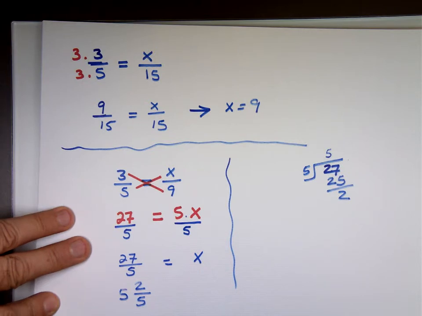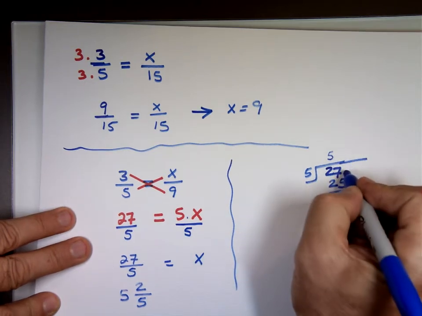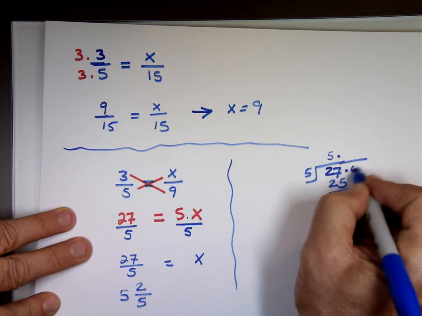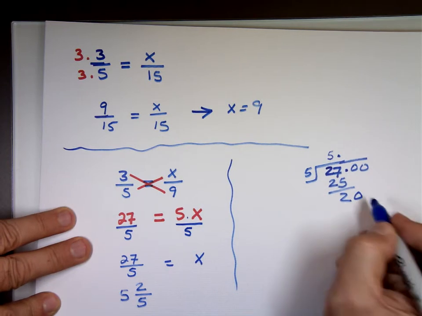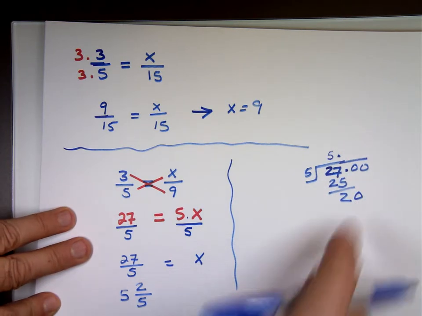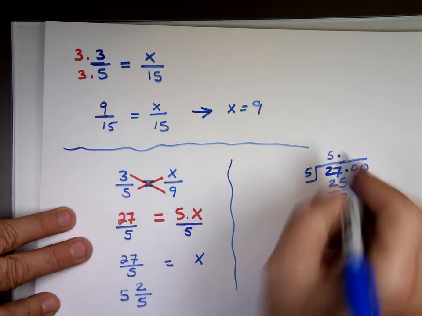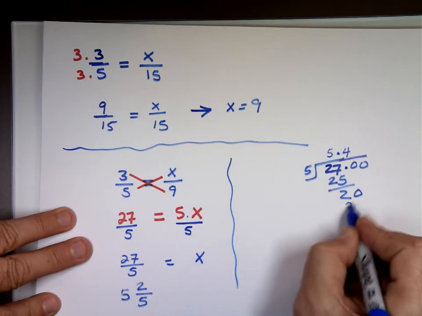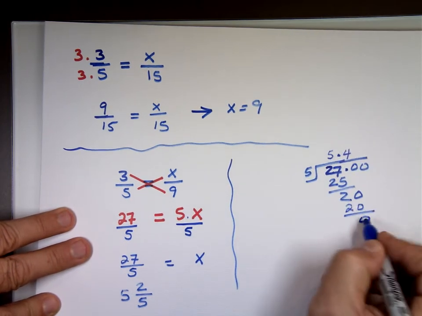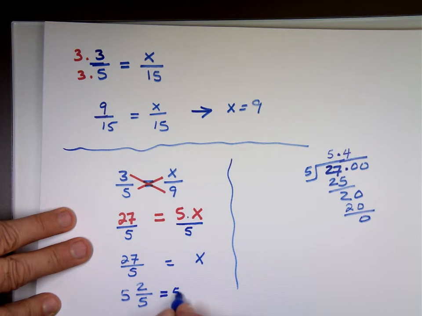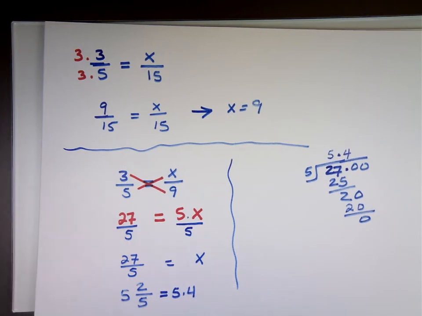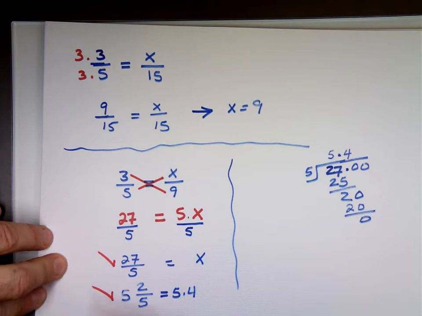If they want it as a decimal number, there's a decimal point here, and a lot of zeros here. Bring that 0 down. 20 divided by 5? 4. That's 5.4. So any one of them is a correct answer. Yes, yes, and yes.